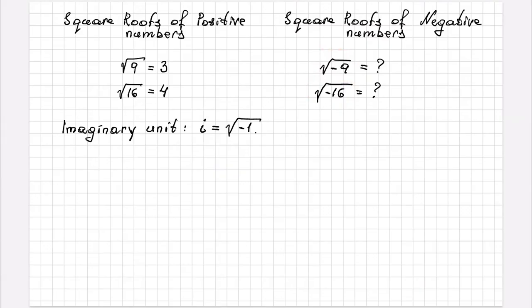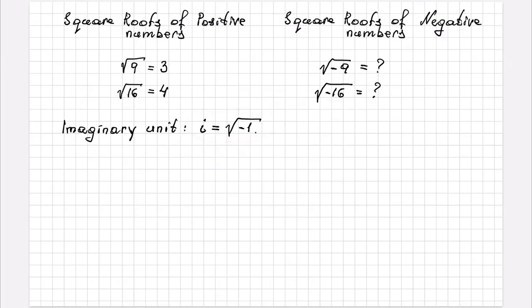It turns out that there is a handy way of dealing with that. If we introduce an imaginary unit, and we say that the square root of negative 1 is equal to some kind of variable, it's important that we use a specific variable, I, to mark that.